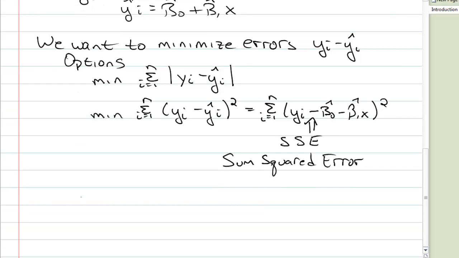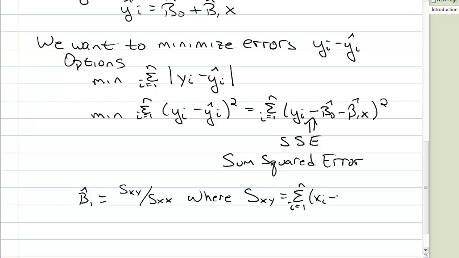Referring to our textbook, we see that if you took the derivative and set it equal to 0, beta 1 could be estimated by this expression, where s sub xy is the sum over all our observations, i equals 1 to n, of x sub i minus x bar times y sub i minus y bar.